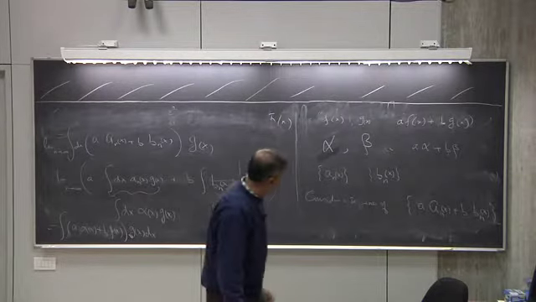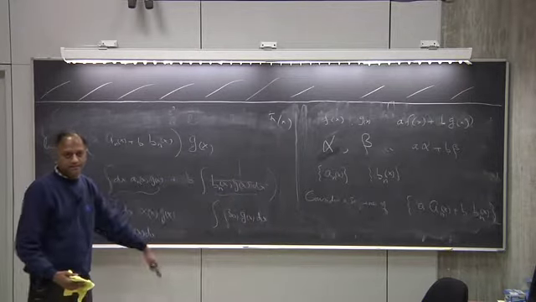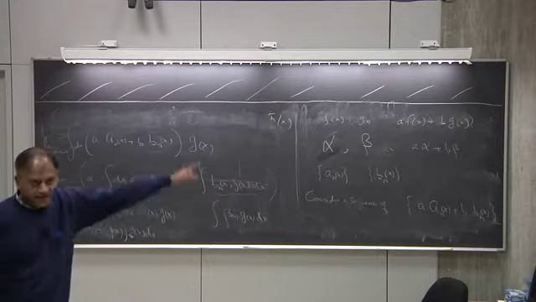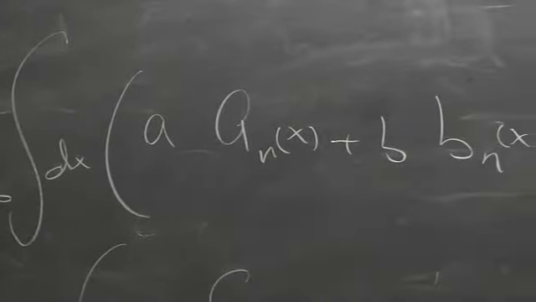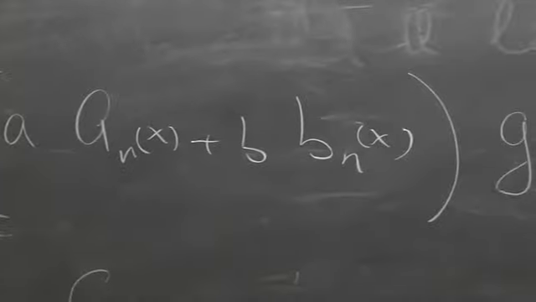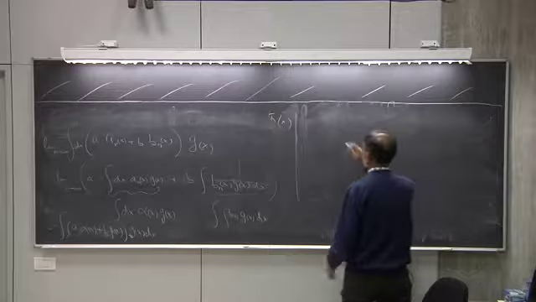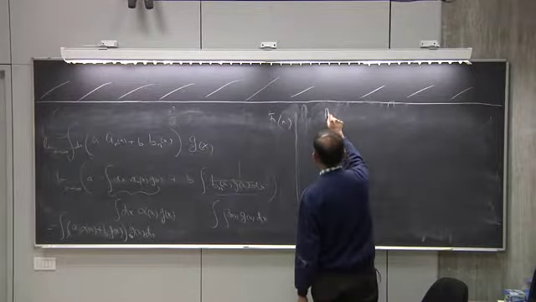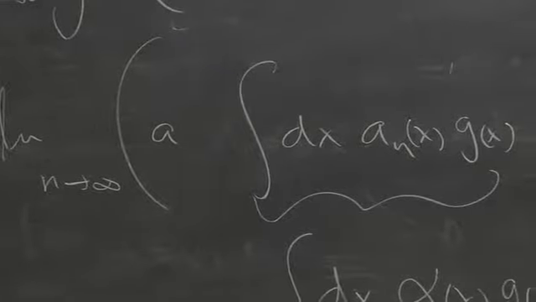So can I erase this now, this part? Yeah, that I can erase. Yeah. You can also, so we can now multiply. So this is the second point. We can multiply. I mean, we can multiply.